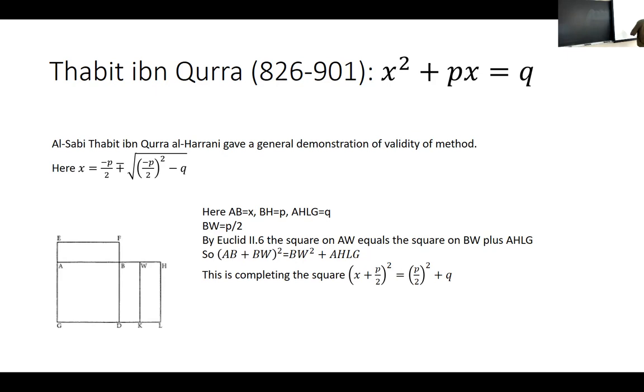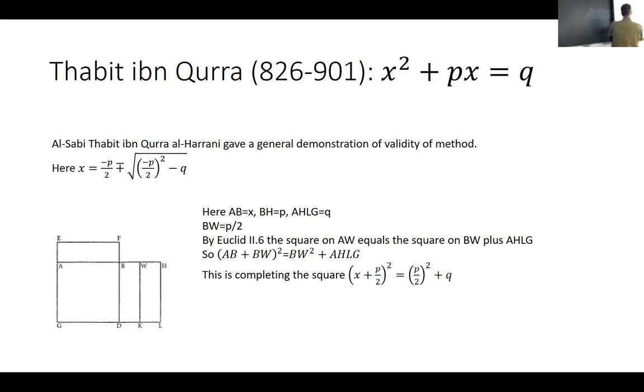So this whole rectangle here is Q, this length here is P, and this AB is our X. So BW is P on 2, and by Euclid 2.6, the square on AW equals the square on BW plus Q, which is this rectangle here.